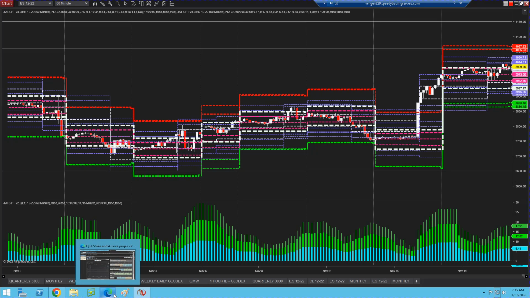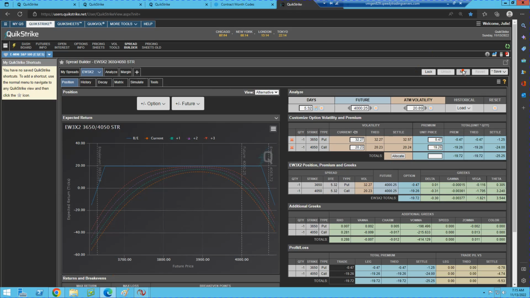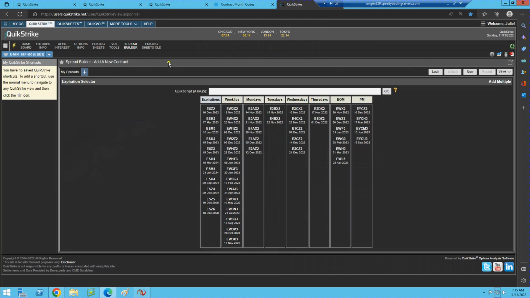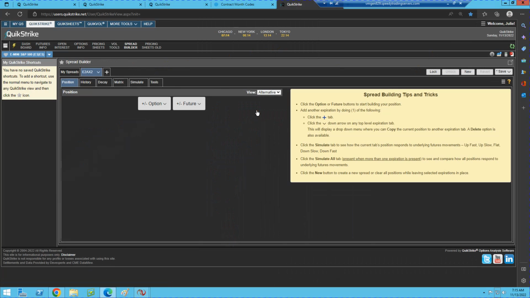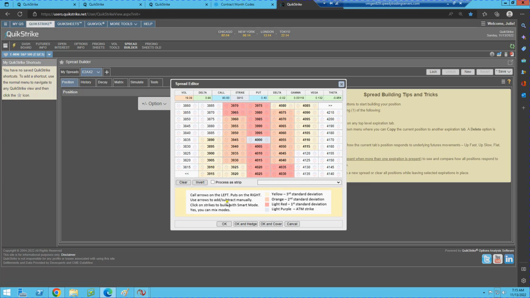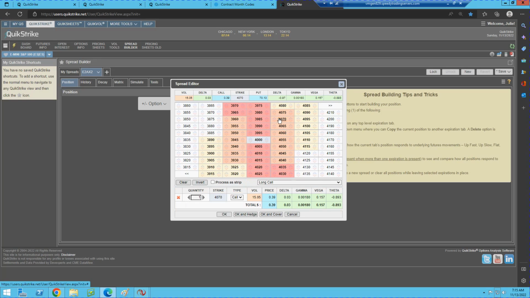So if I were to go back to my Quickstrike and do a new spread and look for that first Monday expiration, I could look for the 40.70, invert it, short call, and 38.66.